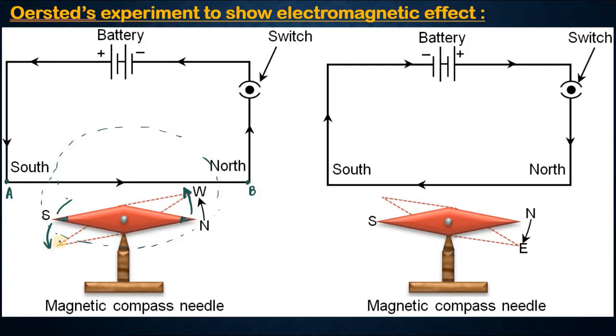Because we know that whenever there is any interaction between any two magnetic fields, there will always be either a force of attraction or a force of repulsion. And because of this force of attraction and repulsion, the needle has deflected in a particular direction. This is a very important conclusion drawn from that experiment.